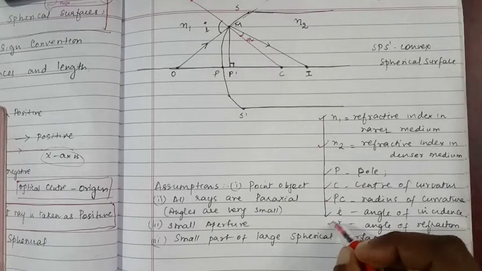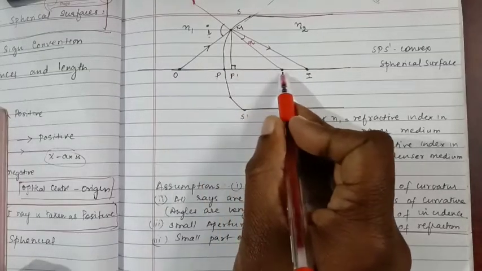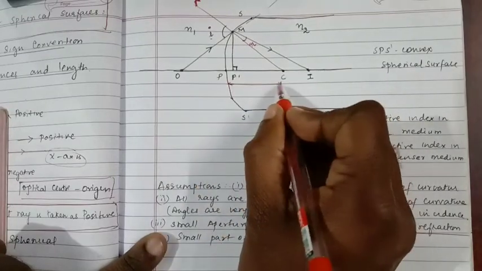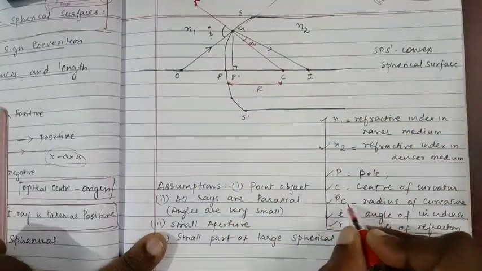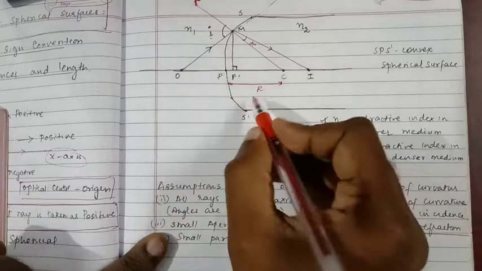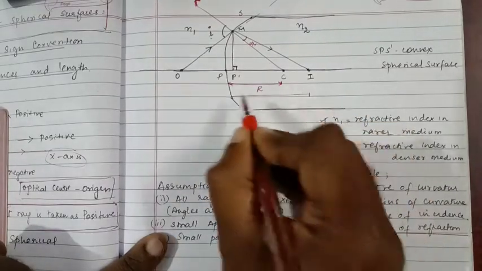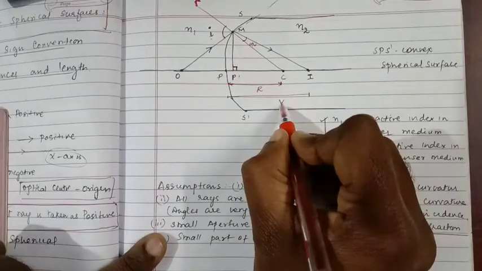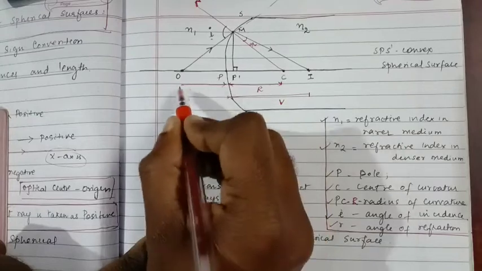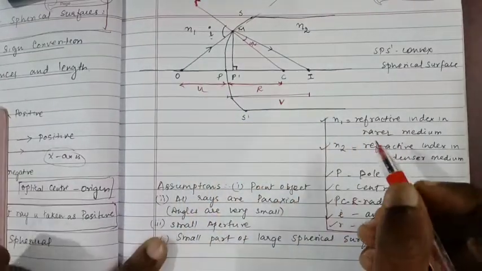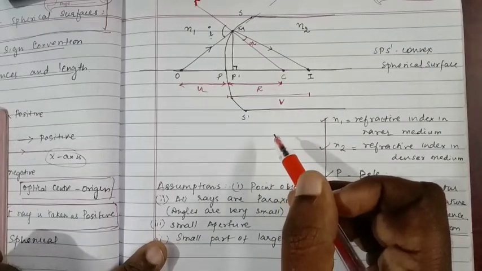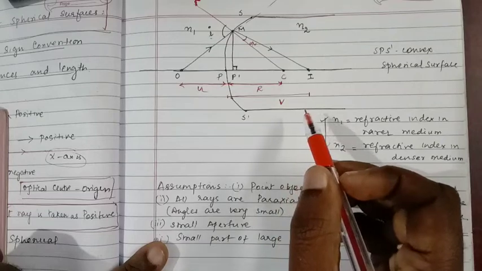Now, PC is the radius of curvature, so PC is R. PI is V, and OP is U. If you apply the sign convention, I told you the direction of the incident ray is taken as positive.